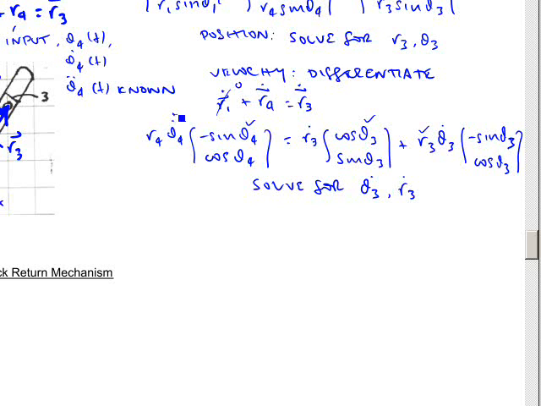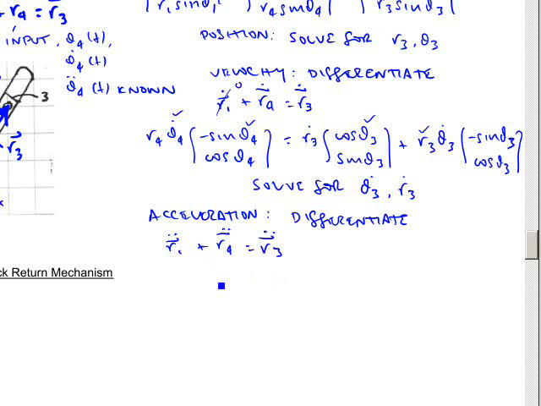I know that. Alright, the final thing that we do with loop analysis is we do our acceleration analysis, and I have to differentiate this again. Let me see, I need r1 double dot plus r4 double dot equals r3 double dot. r1 double dot is 0.